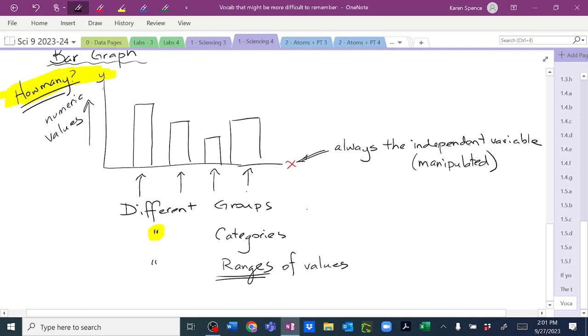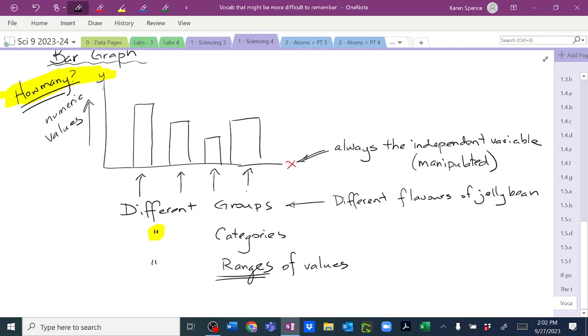Okay, so different groups could be like, you know, maybe you have different flavors of jelly bean. Okay? You might have different political parties if someone was doing a poll for, you know, an election or something like that.